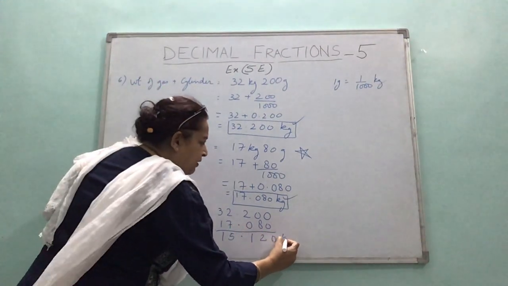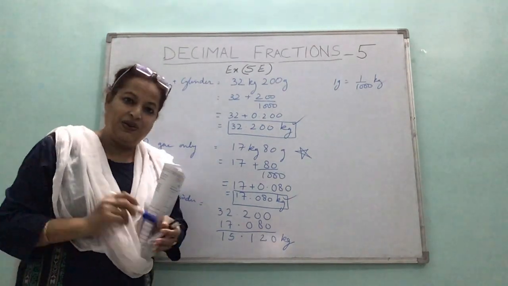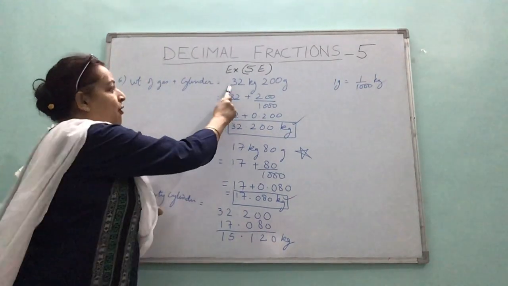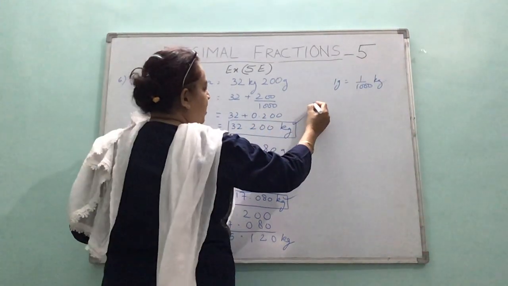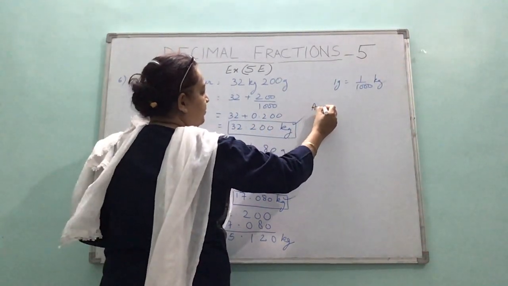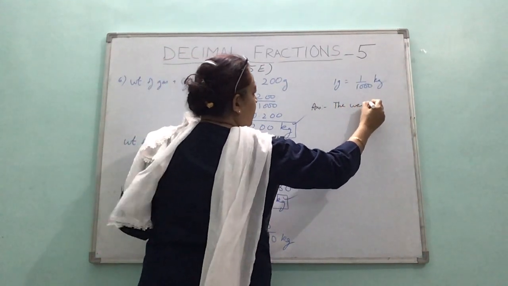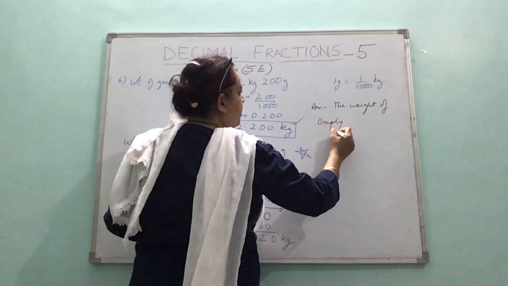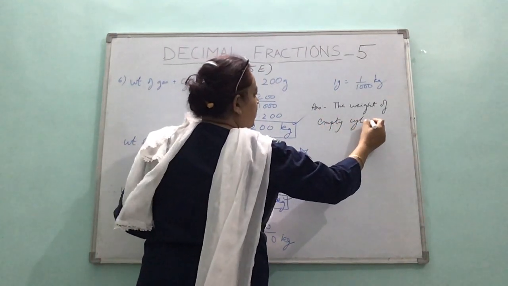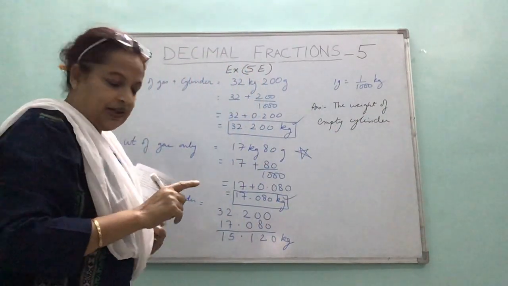Your answer is in which unit? Kilogram. But your answer statement should be in the same format as the question. So what is my answer statement? I am writing here, answer. The weight of empty cylinder, always remember word problems should always have the statement answer.